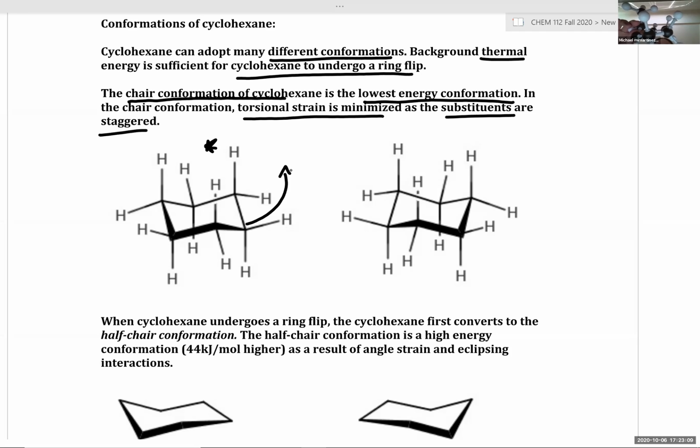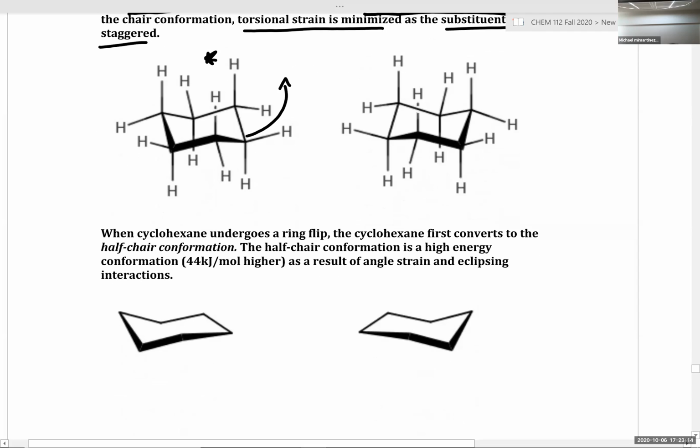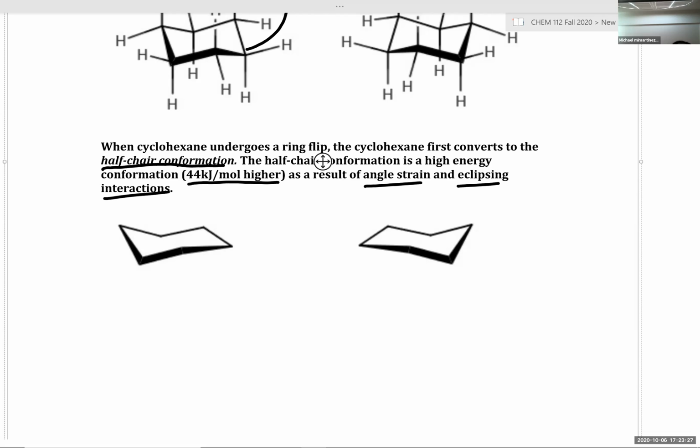Comparing these two substituents, they're eclipsed. Exactly. The half chair conformation is very high in energy. It's about 44 kilojoules per mole higher. This is the result of angle strain and eclipsing interactions. So if we were to fill in our hydrogens for this model, the immediate thing that stands out to me is the ridiculous amount of eclipsing interactions that we have.